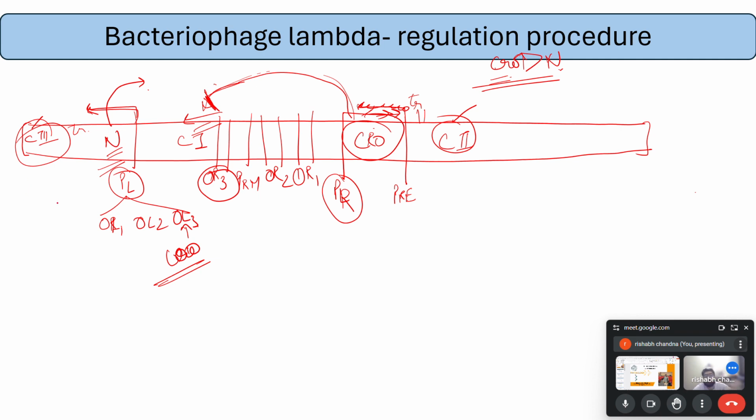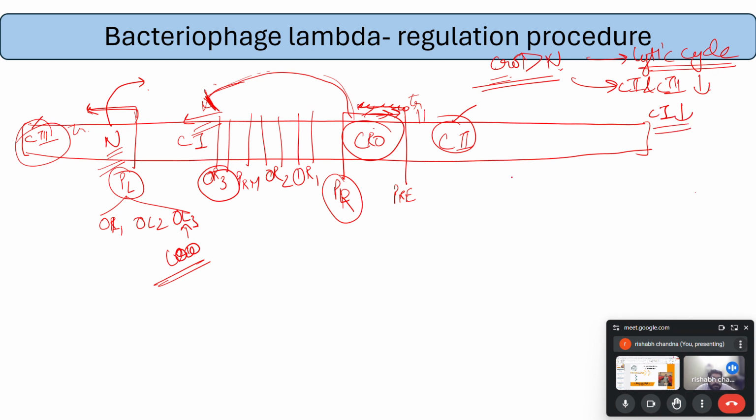So this is the normal scenario when the lytic cycle has to be followed. This leads to a decrease in C2 and C3 levels, so that C1 will also be decreased or not formed at all.